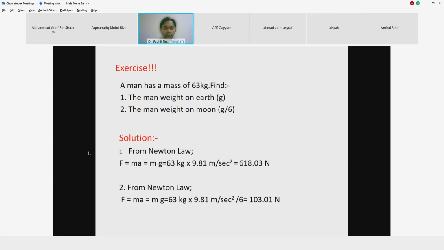On Moon, the weight is 103.01 Newton. So lesser than on Earth. Okay, so from here, I hope it is clear now the difference between weight and mass.